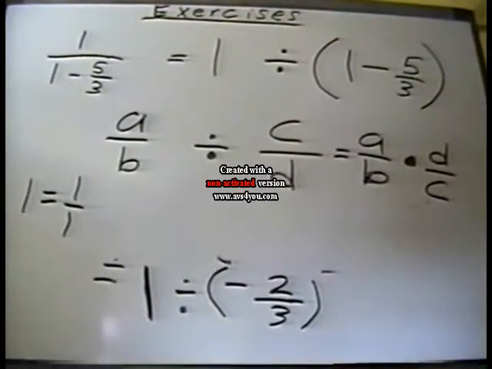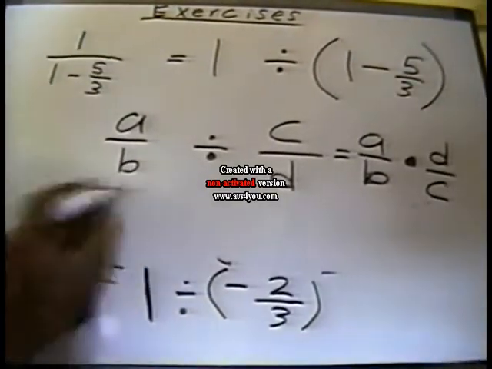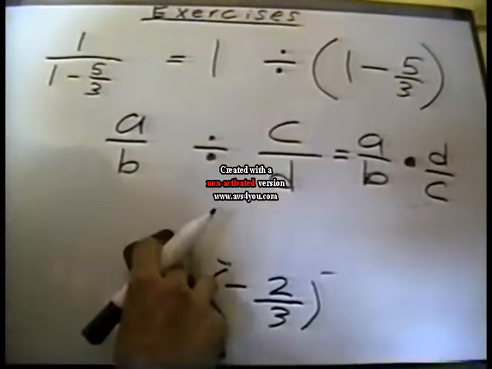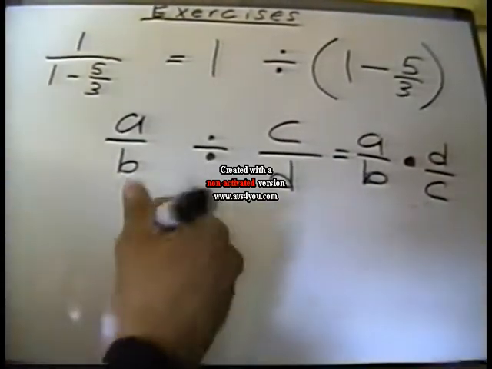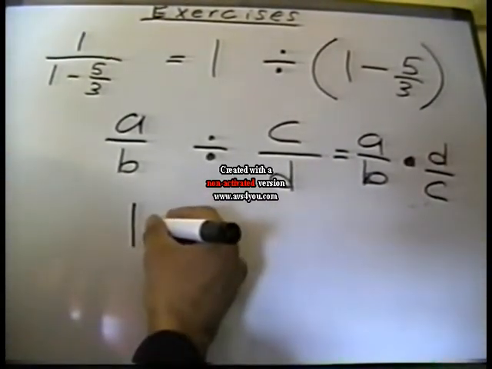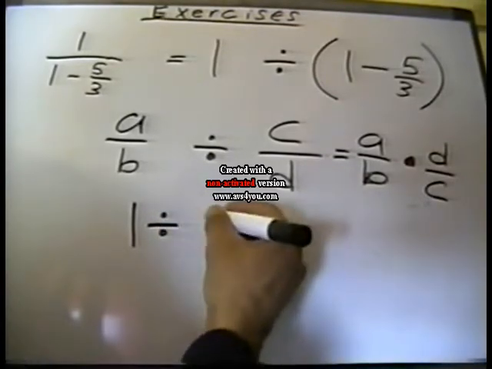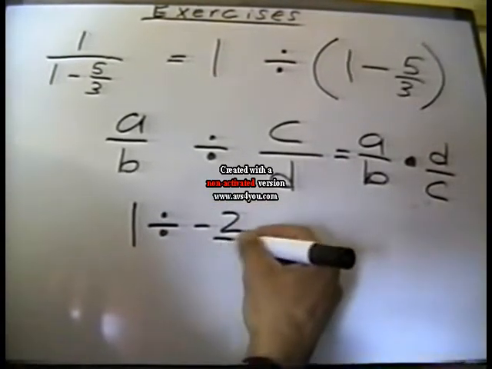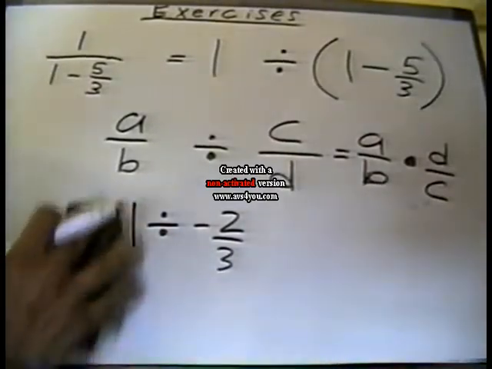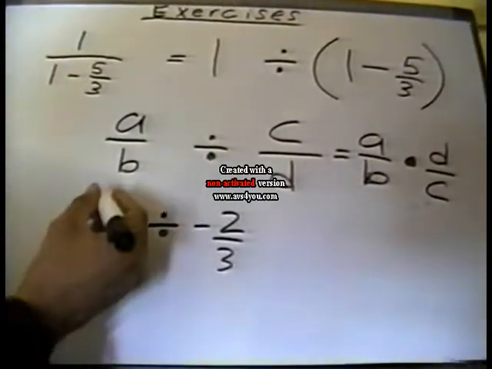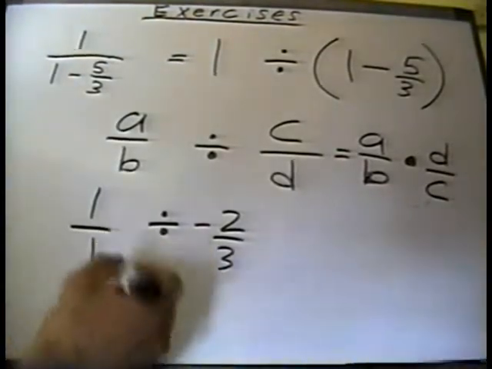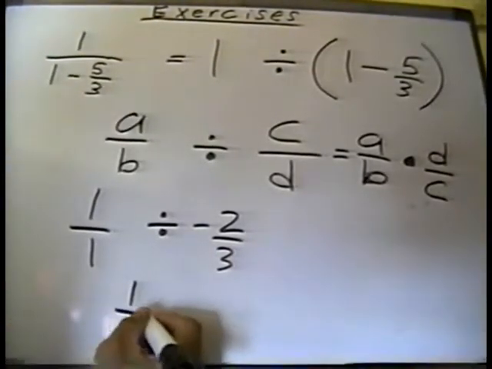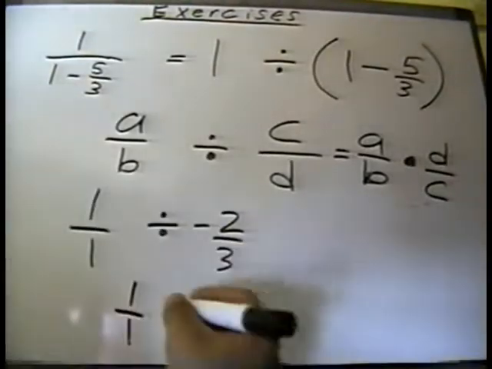So here 1 equals 1 divided by 1. So you can turn 1 into a fraction. So that was 1 divided by negative 2/3. Okay, but we made 1 into 1 divided by 1.